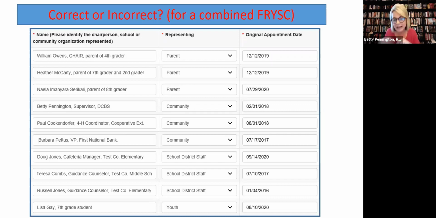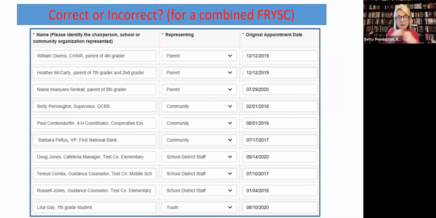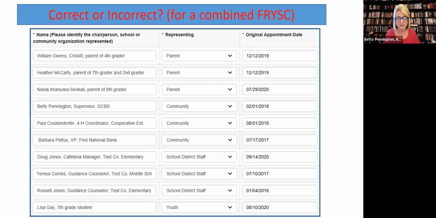We already have one. It's just one youth. So that was one of the correct things. Can anybody tell me what the other one was? Somebody says not enough parents. That's exactly right. You guys are so great at this. Okay, I hope you found that helpful.